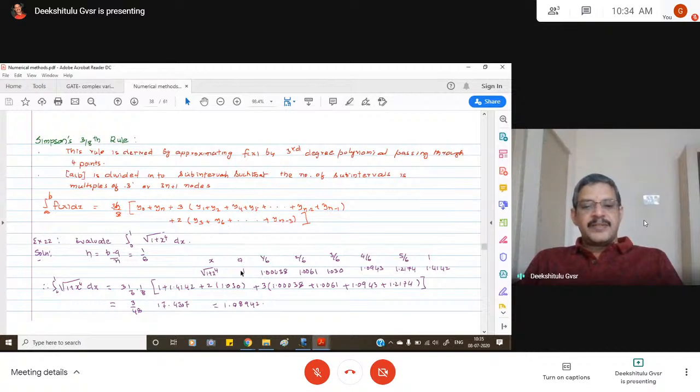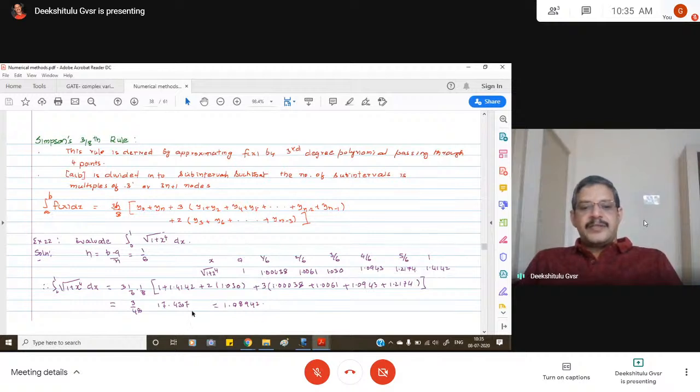Name them as y0, y1, y2, y3, y4, y5, y6. y6 we have already considered here, no need to consider it again. y3 is 1.03, so 2 into 1.03. We need not consider y6.